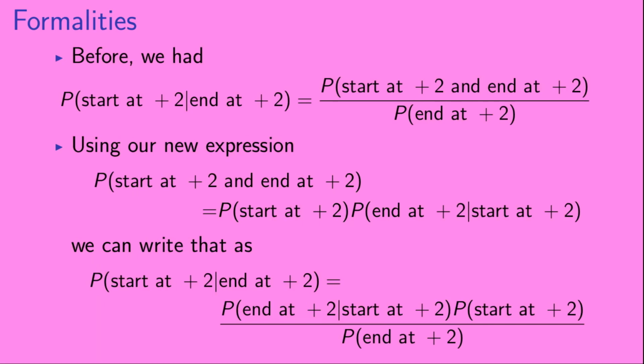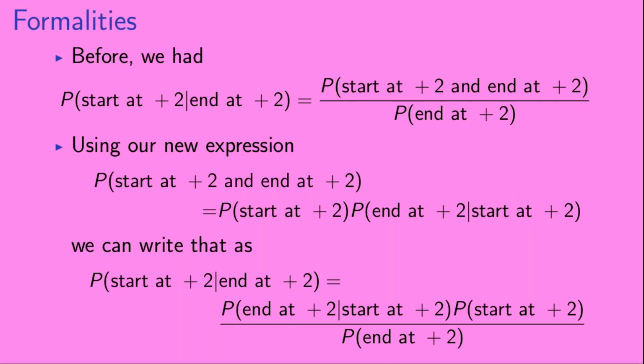Okay, so before we had that the probability that it started at +2, given that it ended at +2, was equal to the probability that the object would start at +2 and end at +2 divided by the probability to end at +2.